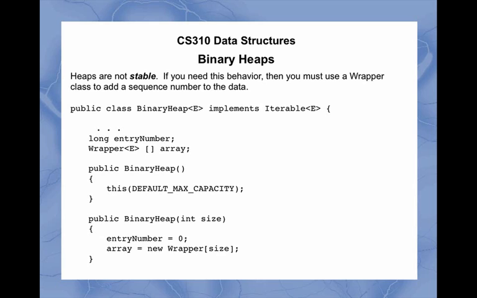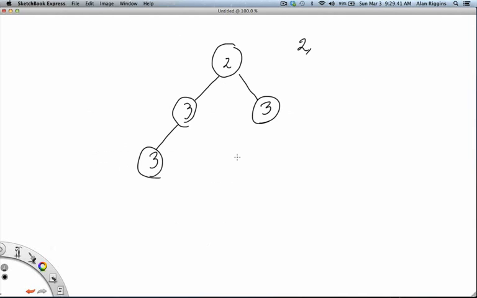What this adds essentially is that instead of the single element E here, which are the 3s, we add a secondary field, which is the insertion order. We might have something that looks like this.